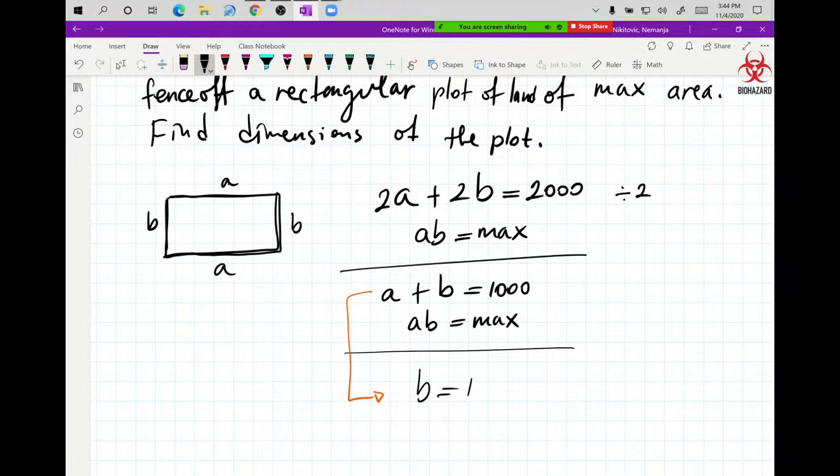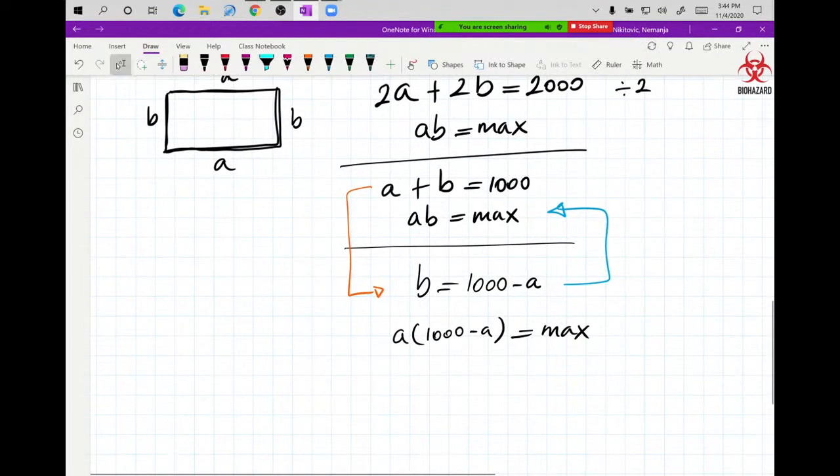So b equals 1000 minus a. Now take that and stuff it in the objective equation. So that's a times 1000 minus a equals the max area we're looking for. So this is 1000a minus a squared equals the max.